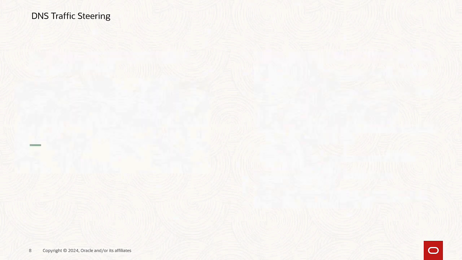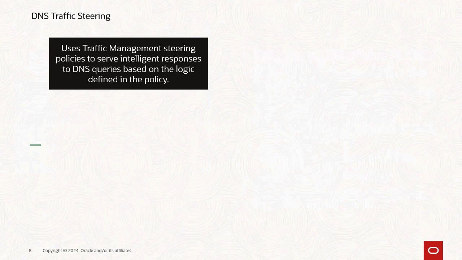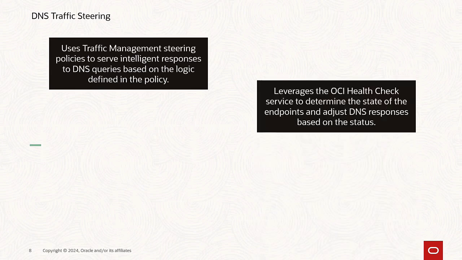Let's dive into DNS traffic steering because I find it very interesting. As I said, it uses traffic management steering policies to serve intelligent responses to DNS queries. So we define a logic in the policy, and OCI will provide DNS answers according to that logic.